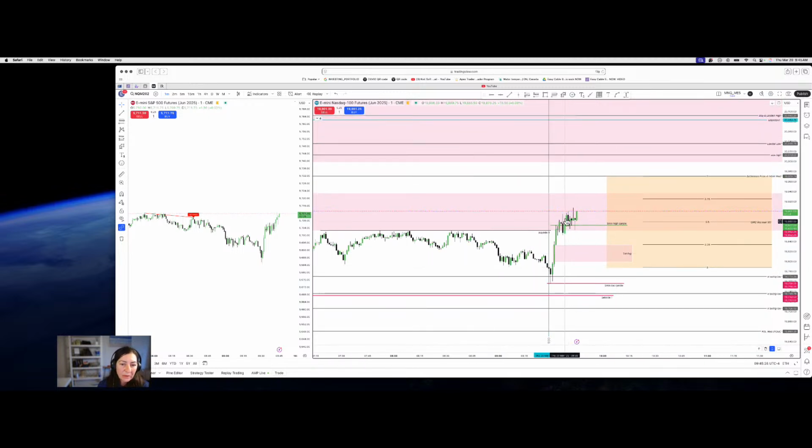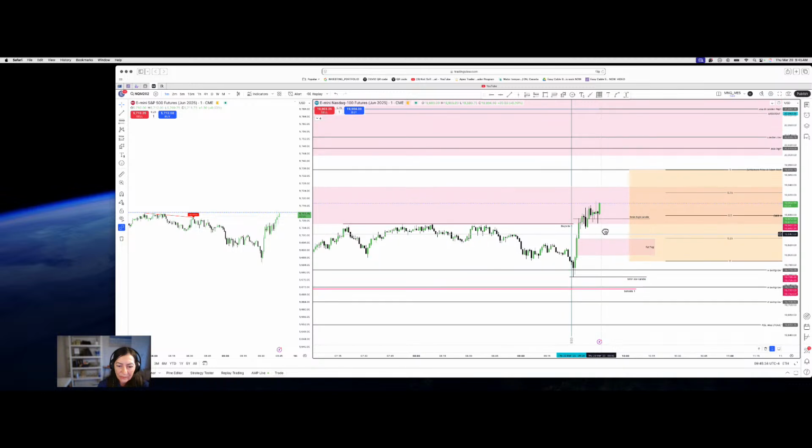I don't love this price action. Again, it's just very up and down and no fair value gaps. So just patiently waiting to see what price wants to do, where it wants to move.